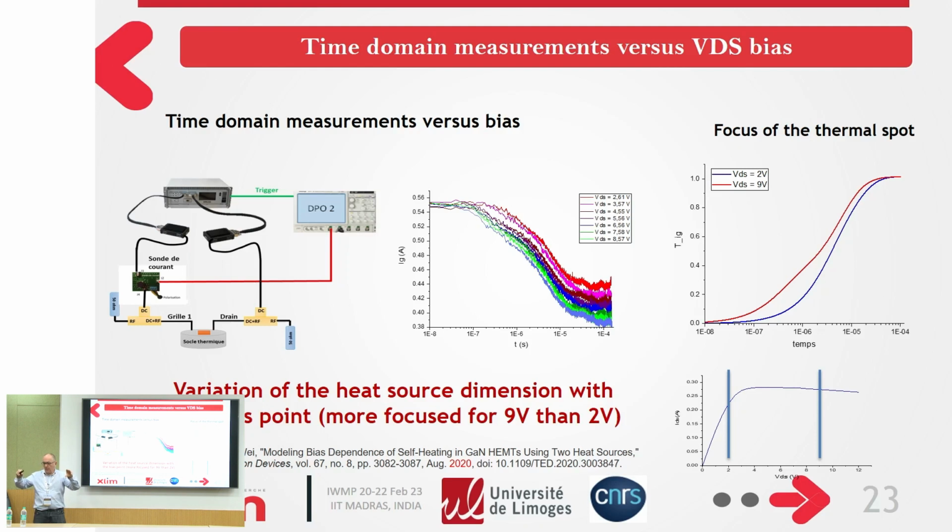We have a large dissipation over the area of the device. And at 10 volts, the hotspot focuses under the gate. And it's something that we can see if we take some hotspot, and if you enlarge the hotspot, you have the same kinds of results when you perform simulation.